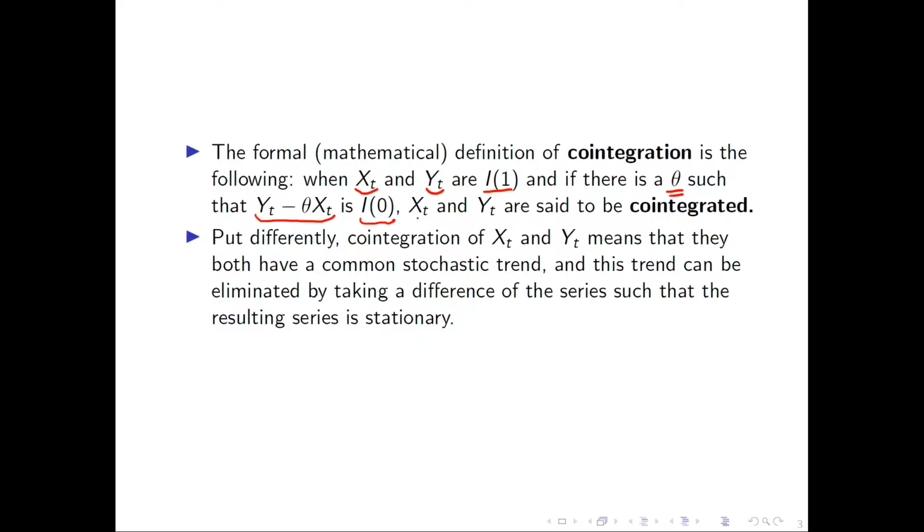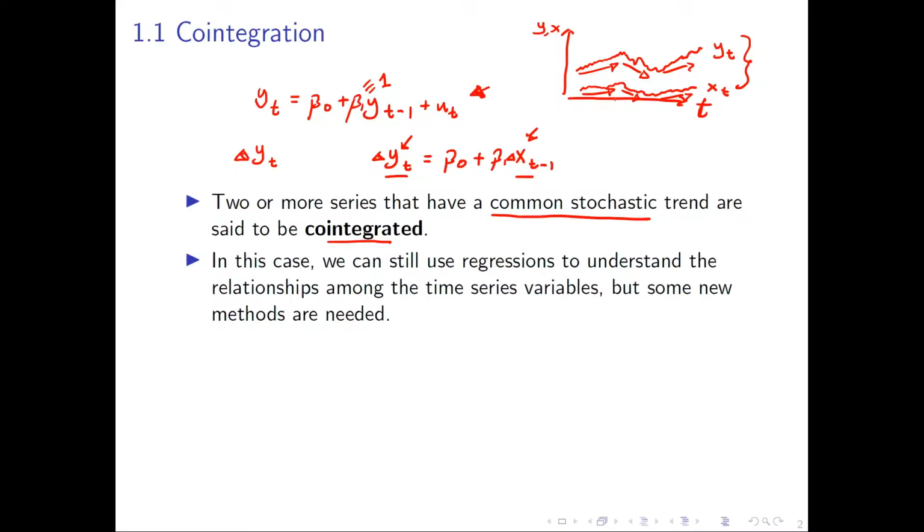So if we go back to our tiny example, then we see that, well, maybe if we scale x by 3, then we get something really close to the y variable. So in this case, theta equals 3, then we get yt minus 3xt is stationary.